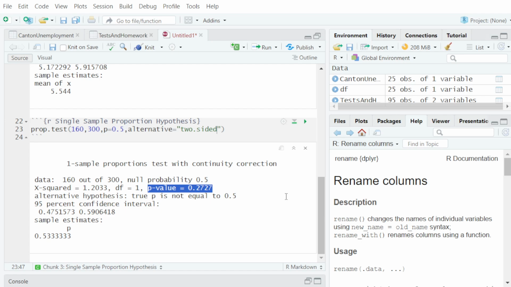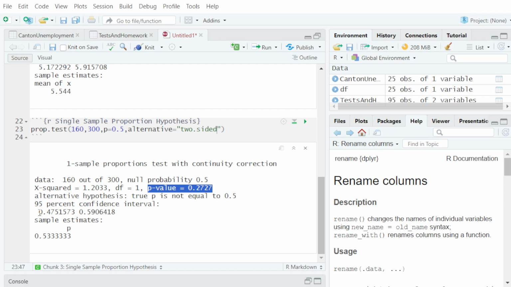Now, sometimes you'll see 0.1 used, sometimes you'll see 0.01 used, but I'm going to stick with 0.05 or 5%. In this case, our p-value is above that, which means our data is more consistent with the null hypothesis than it has to be for us to go ahead and not reject it, to say, well, we don't have sufficient evidence that it's not true for us to reject it. So we'll go ahead with the null hypothesis.